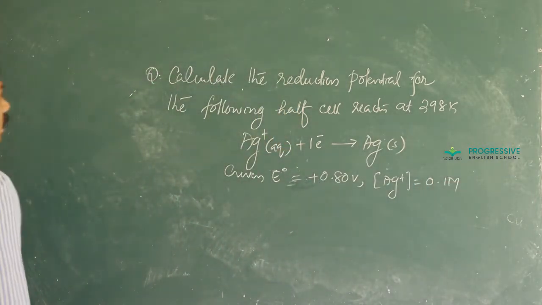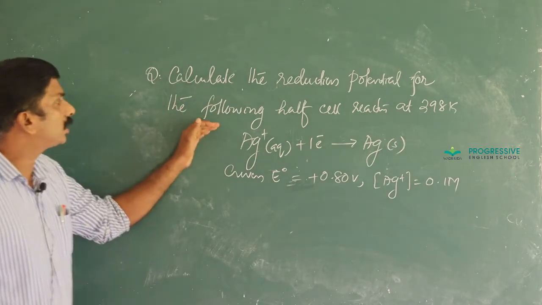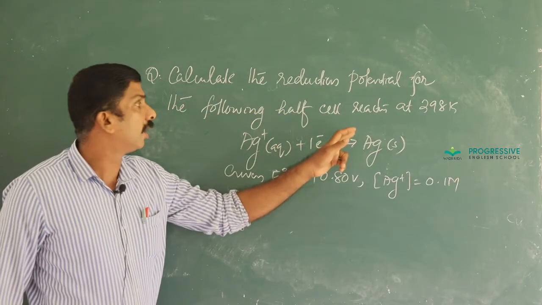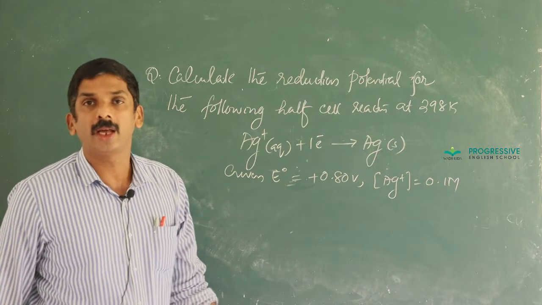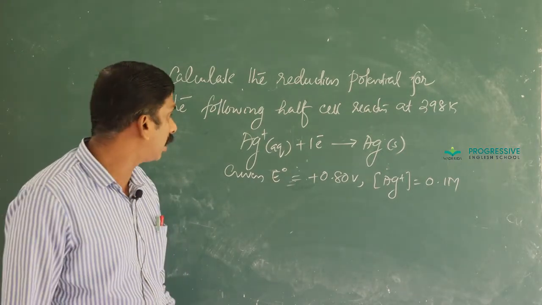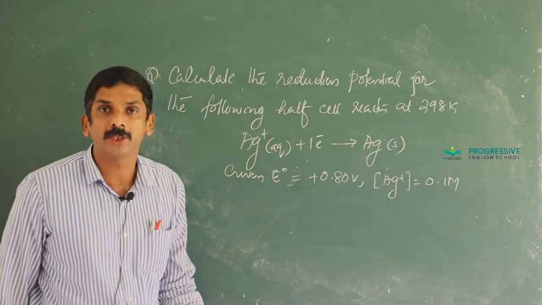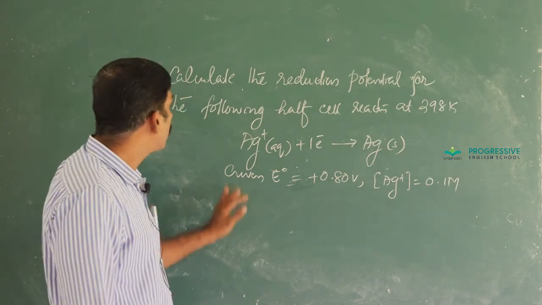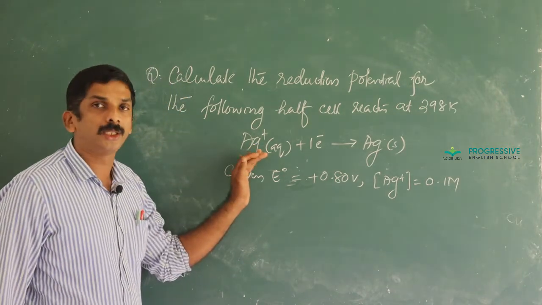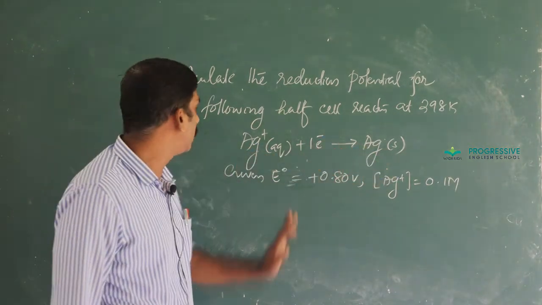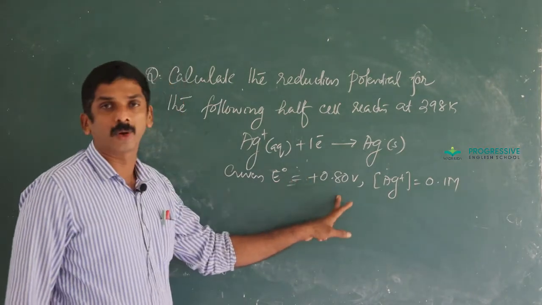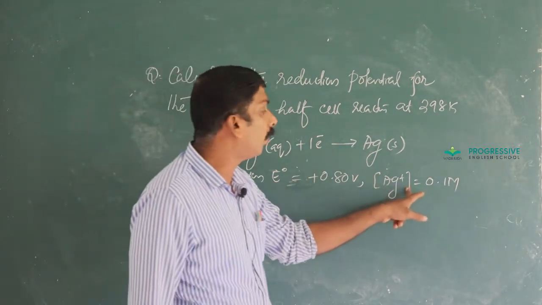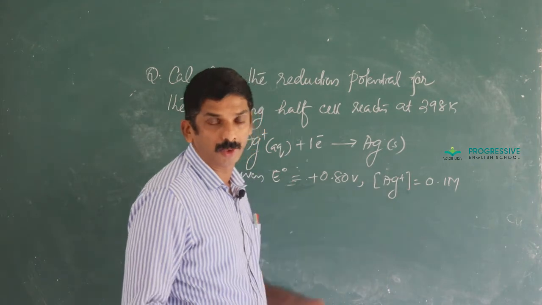That is, calculate the reduction potential for the following half reaction at 298 Kelvin. 298 means standard condition, then only we can apply the Nernst equation. Here the electrode reaction is Ag+ plus 1 electron gives Ag. E0 of the electrode as well as the molar concentration of Ag+ are given.